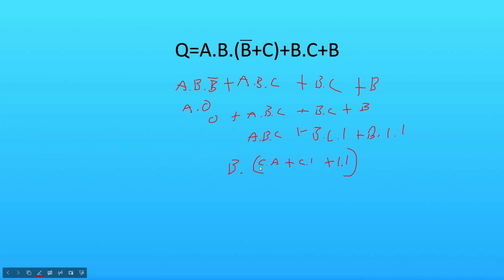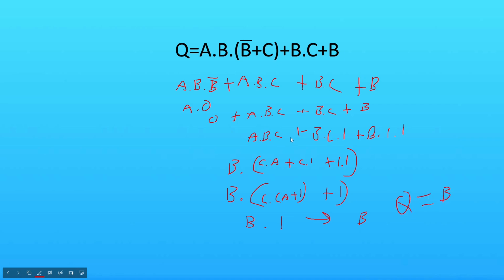Now we can simplify this down a bit further. So if we factorize out the C, we're going to get C AND A OR 1, OR 1 AND 1, which is of course just 1. So now we don't even need to simplify this bit down, because of course anything OR 1 is always just equal to 1. So we get B AND 1, which just goes to B. So for this example, our answer just equals B.